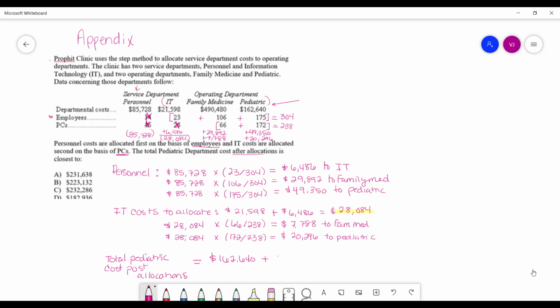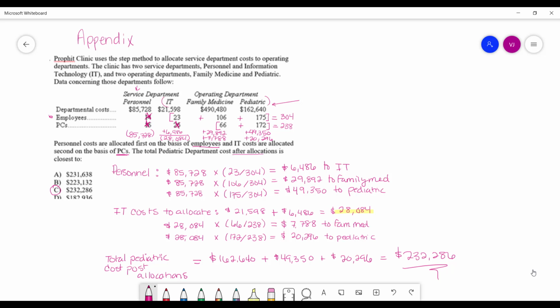We added in $49,350 from the personnel department, and then we further added in $20,296 from the IT department. So overall, after all of those allocations, the amount of costs left over now in the pediatric department that it's responsible for is $232,286. And that is C for that last question of that practice exam.